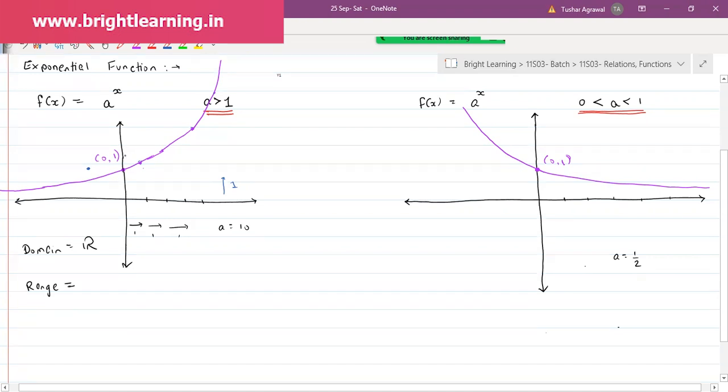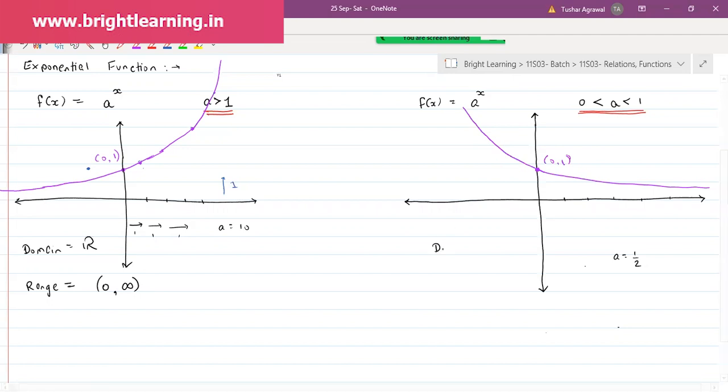The purple line graph is always above the x-axis, means it can take all the values of y which are above the x-axis. So range is always greater than 0. Anything greater than 0 is achievable for y. Y cannot be negative. Is this clear?